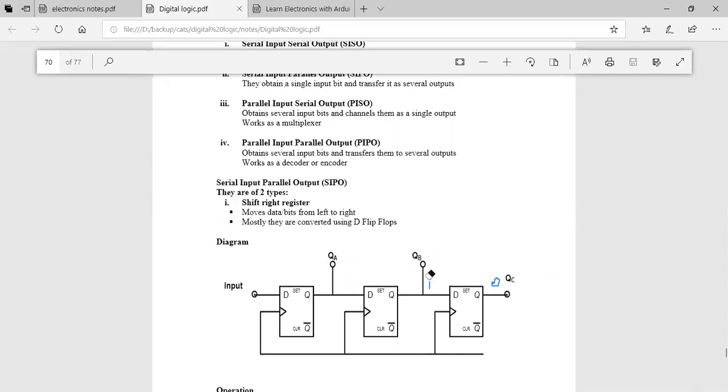So what about shift left? What do you expect? Information will move this way, which means the clock will be on this side.